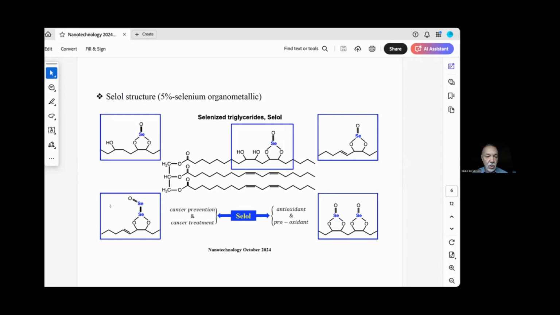We may also have this structure here, with selenium in this configuration. So what is selenium about? Selenium is well known for cancer prevention, and it has been used for cancer treatment. Actually, it is an antioxidant molecule. In some cases, it could work as a pro-oxidant molecule.